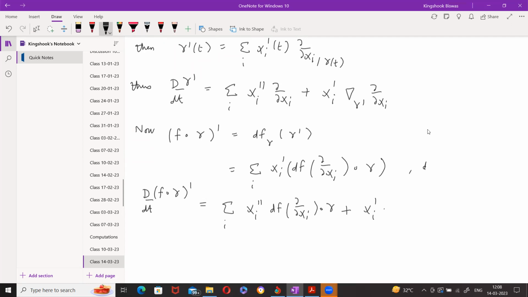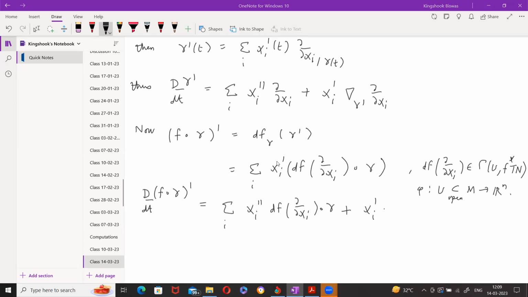So df of del del xi is a local section of the pullback bundle F star TN, where U is an open set in M, the domain of the chart x1 to xn, and phi goes from U to Rn. Is this clear? Yes, df of del del xi is a section of this pullback bundle.